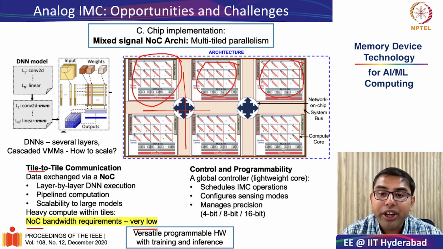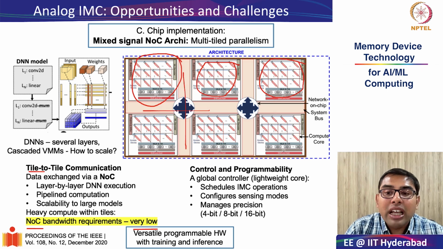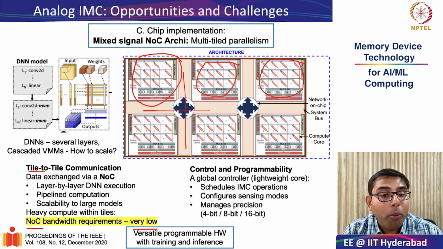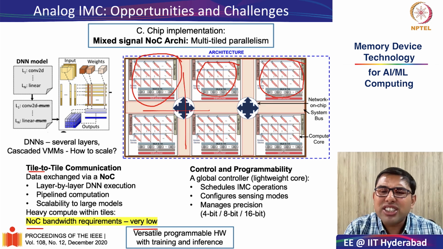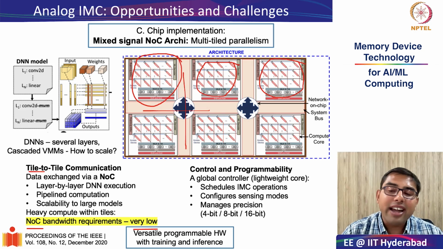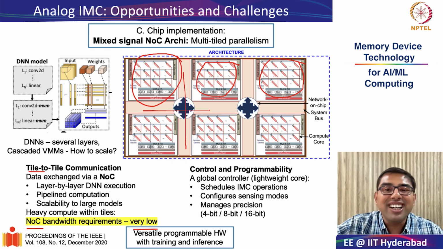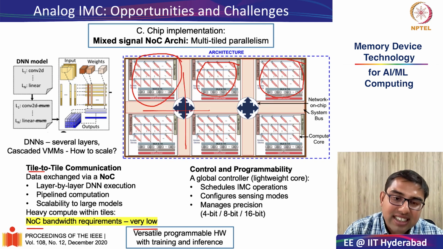Finally, an important point to note is that all of this mixed signal hardware requires programmability and coordination, which is generally handled by a lightweight global controller. This can be a simple RISC processor, and this controller orchestrates the entire DNN execution. It schedules the in-memory computations, and it configures the ADC precision and also the sensing modes.